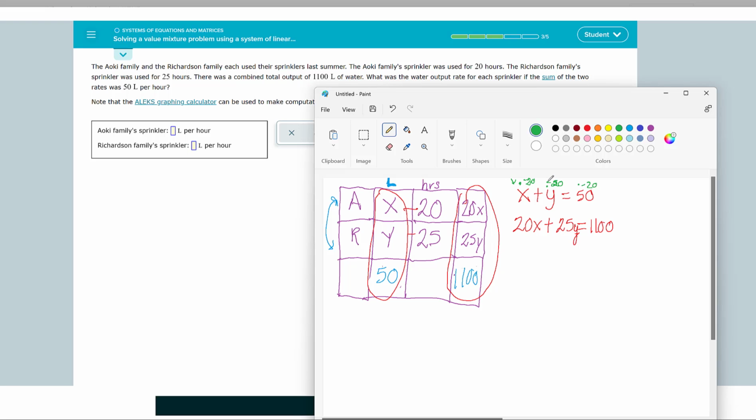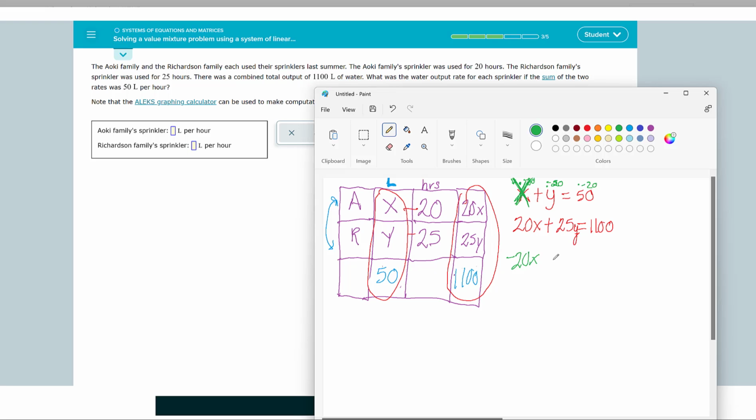So now let's do the math. We're going to come down here. Negative 20 times X gives you negative 20X. That's this one right here, so go ahead and cross it out.